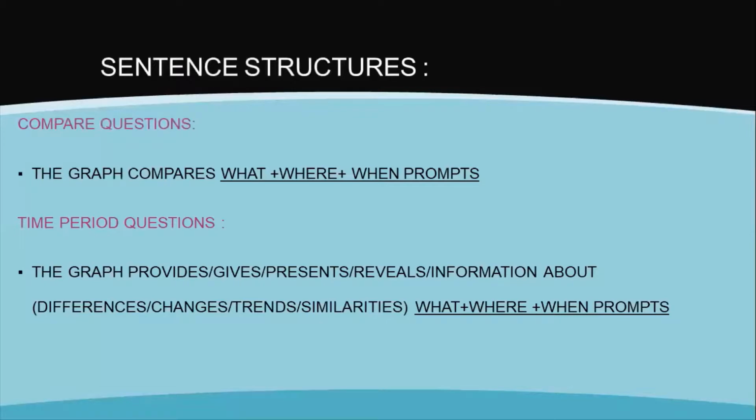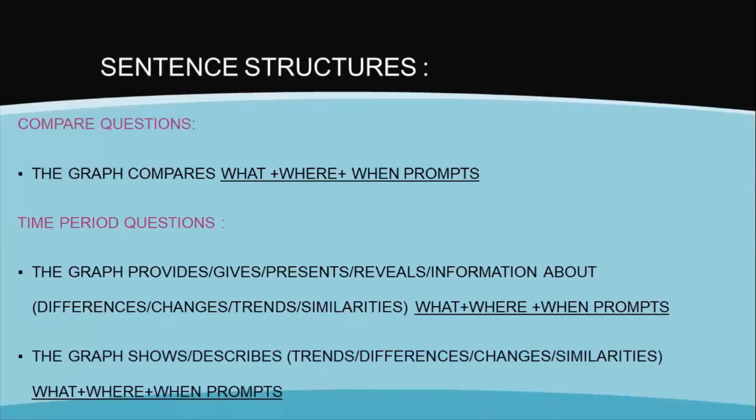This is a kind of introduction you can give for time period questions. There is another way for time period questions. The graph shows or the graph describes. If it is trends, you can say the graph shows trends, or the graph shows differences, or the graph shows changes, or the graph shows similarities. What, where, and when prompts.